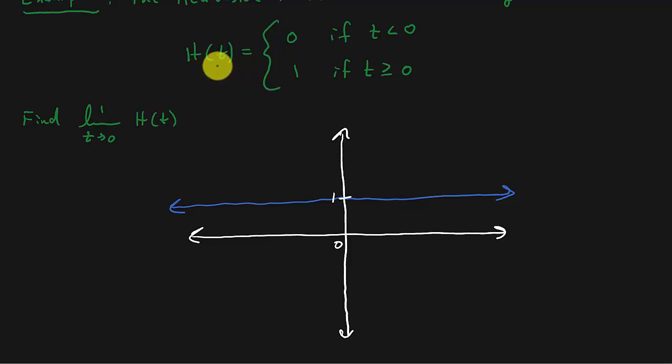So if we have y equals 1, that's only for values of 0 to infinity. So that means we would not have this part of the graph. It would only be from 0 to infinity. Okay? So this graph, y equals 1, or h of t equals 1, would just look like that.